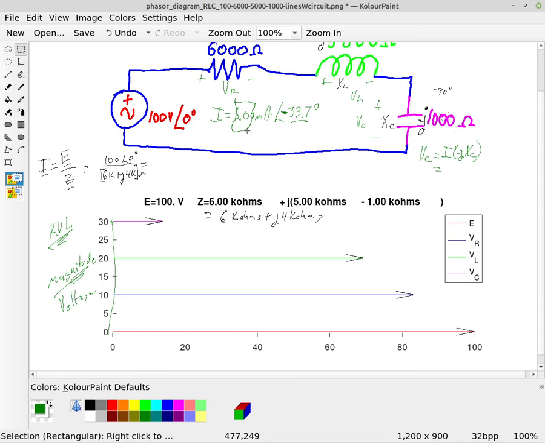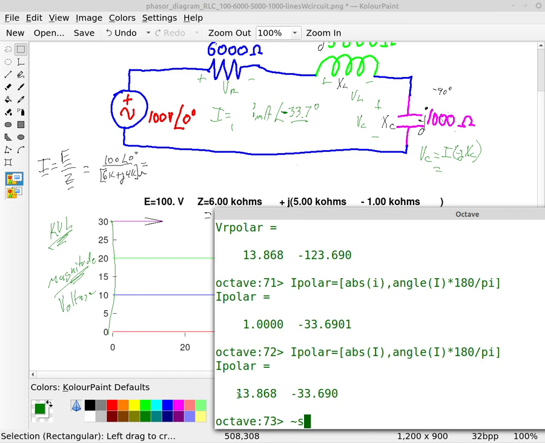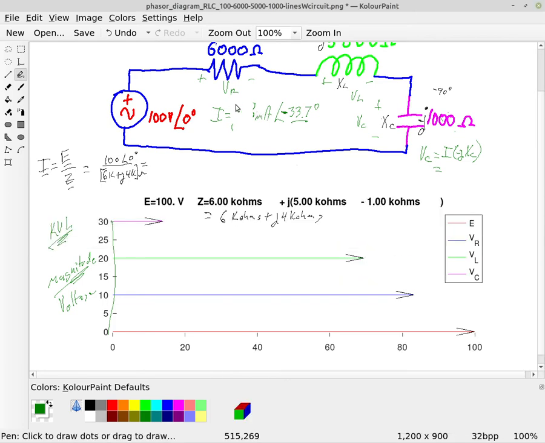That's another nice thing about using the Octave software, because my value of I was correct in the rectangular form. It just didn't quite display right when I made it polar form because of my typo. But we can see there that the magnitude of the current is 13.9 milliamperes.